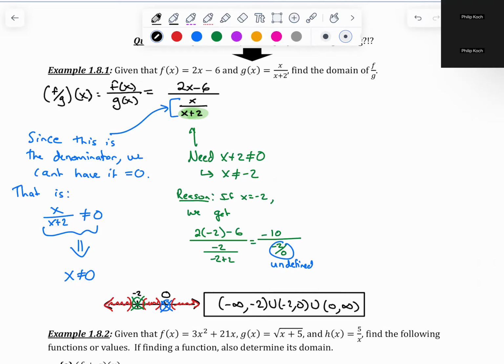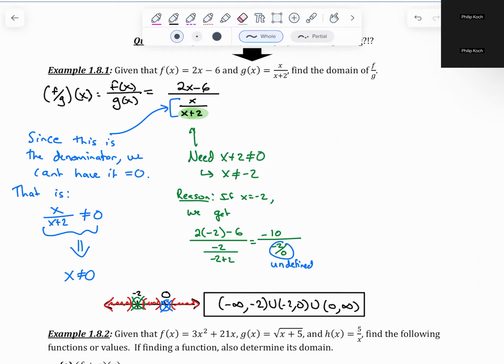If we plug in, let's visualize what would happen. If I did 0, I'd get 2 times 0 minus 6 divided by 0 over 0 plus 2. That would be -6 divided by 0, because this right here would be equal to 0. And that's a problem. So the numerator equaling 0, that's not a problem. If I plug in 3, let's see what happens.